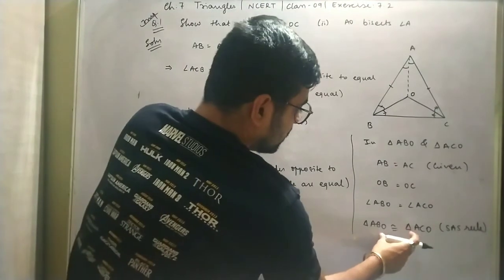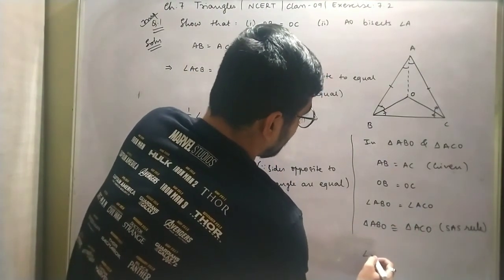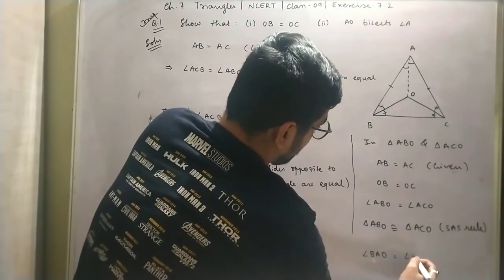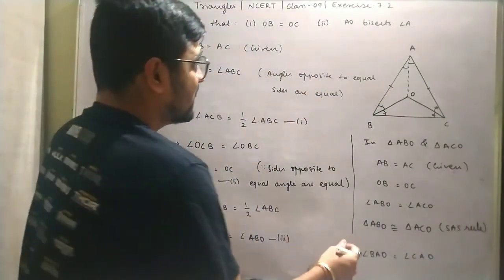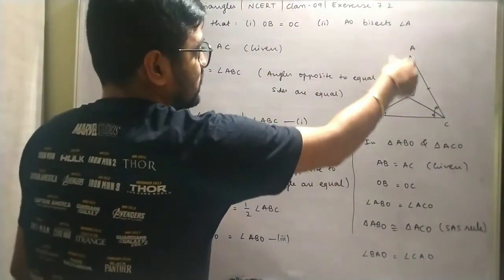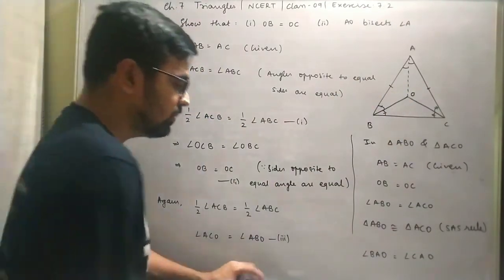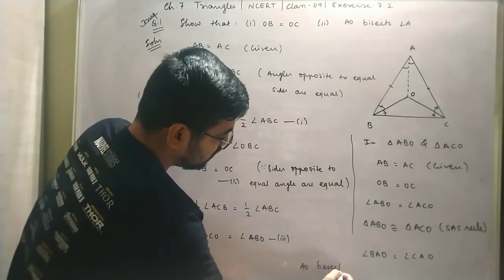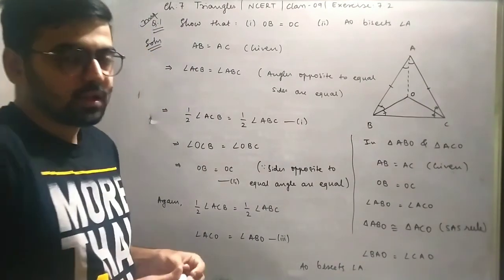Now once I get to know these two triangles are congruent, I can easily say that angle BAO is equal to angle CAO, correct. What does that mean? That means AO, this line, is bisecting the angle A. Simple. What will you write? Therefore AO bisects angle A. Are you getting me?